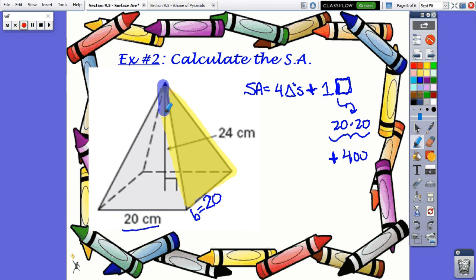The 24 is pointing to the actual height of the pyramid. Now, what we're going to have to do is figure out a way to convert the real height of a pyramid into the slant height of the pyramid, because the slant height of the pyramid is the height of the triangle that we really need here.